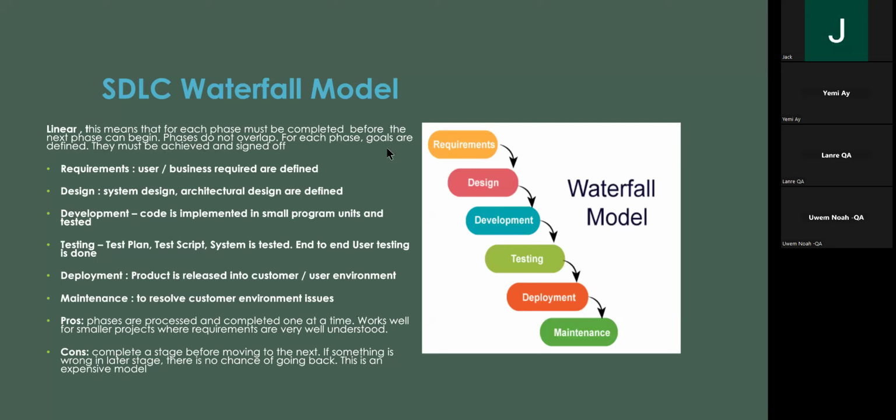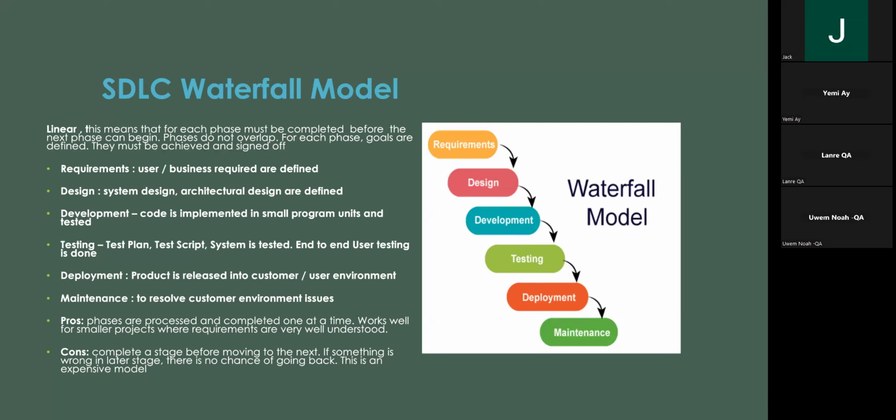For each phase, goals are defined. They must be achieved and signed off. Requirements phase: users and business requirements are defined. Design phase: system design and architectural designs are defined. Development phase: code is implemented in small program units and tested.